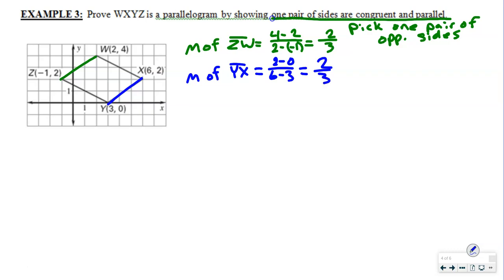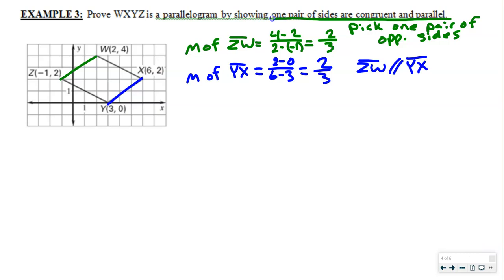So my slopes are the same. So ZW is parallel to YX.